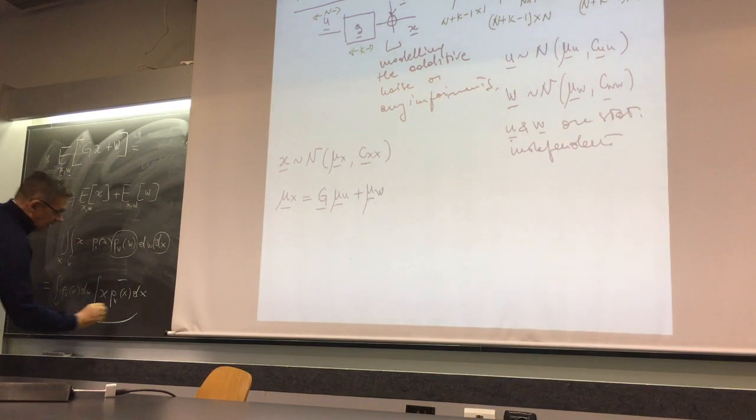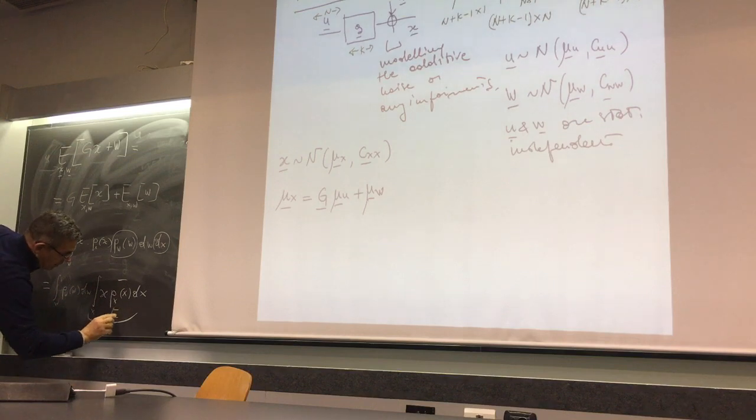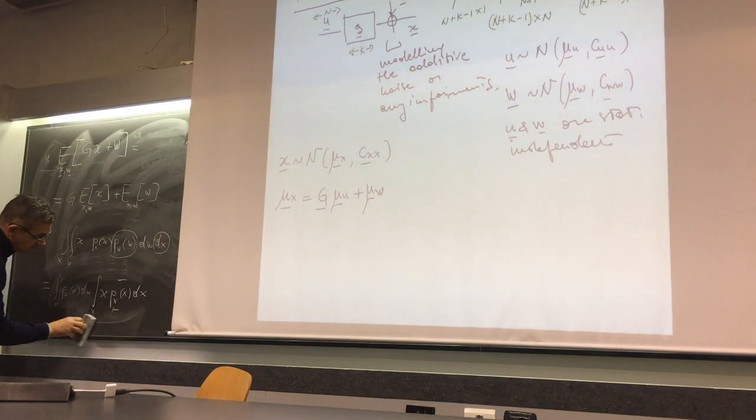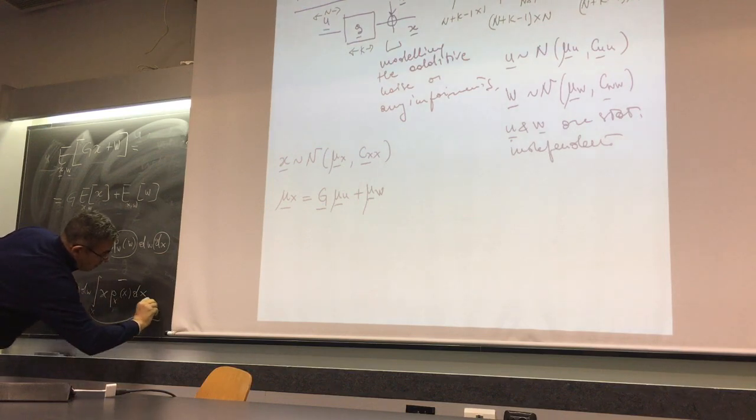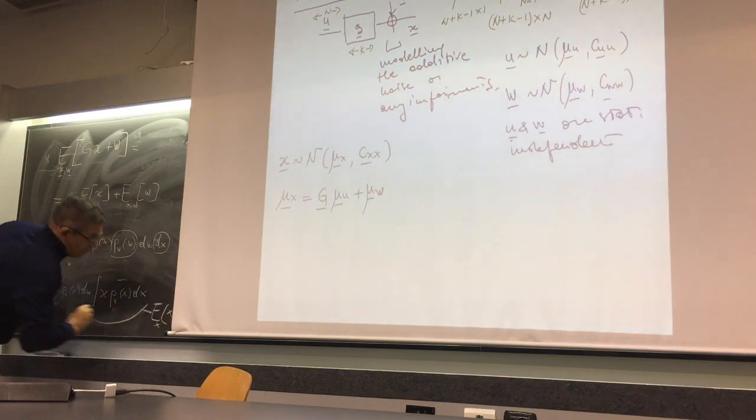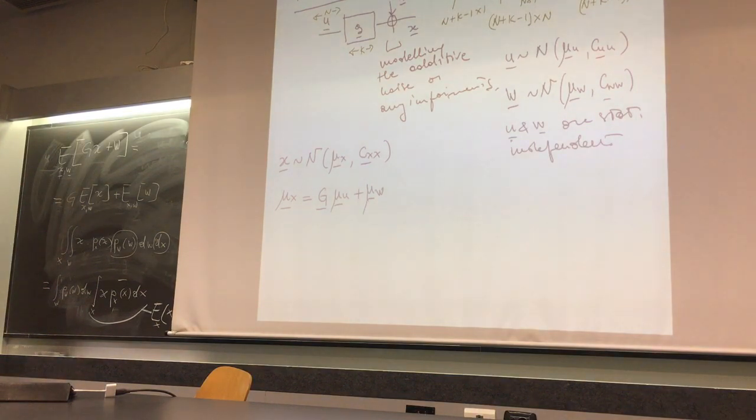Okay, this one is the mean. This is the expectation with respect to x of x. This one, what is that? 1. Perfect. Okay?